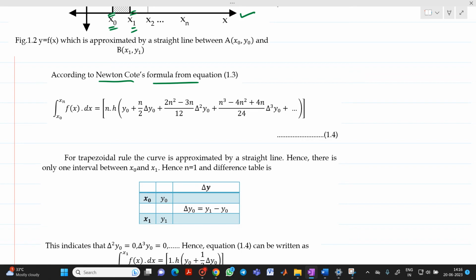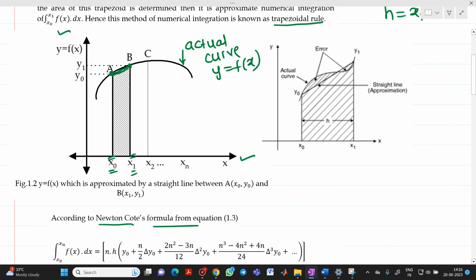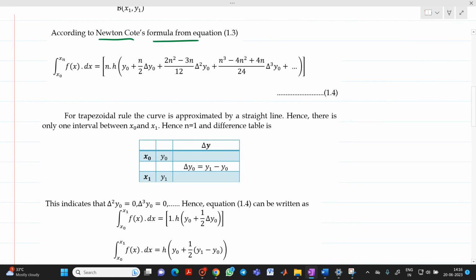Here the approximated curve is basically a straight line. So if you approximate these two points, you will get a straight line. Therefore we take n equal to 1 in Newton's Cotes quadrature formula. As we have only the data points x0, x1, delta y0 will be equal to y1 minus y0.